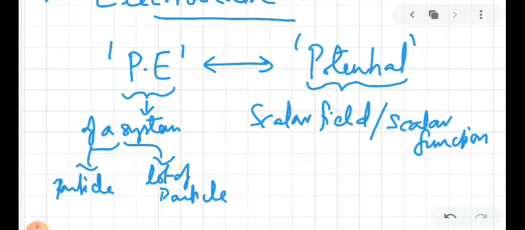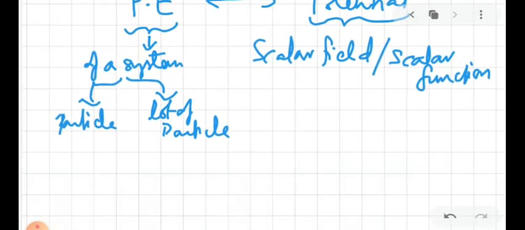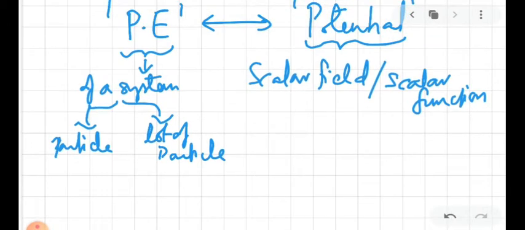Let me first remind you, as if you have learned my previous lectures, which are not yet uploaded, what this scalar field or scalar function is. In your class 11 of CBSE, you have gone through the chapter of gravitation.